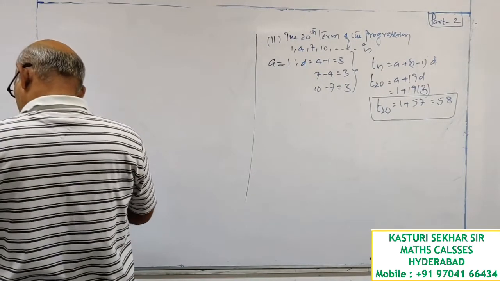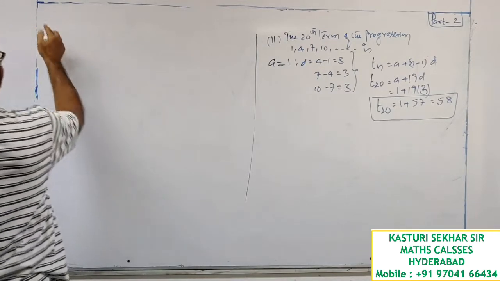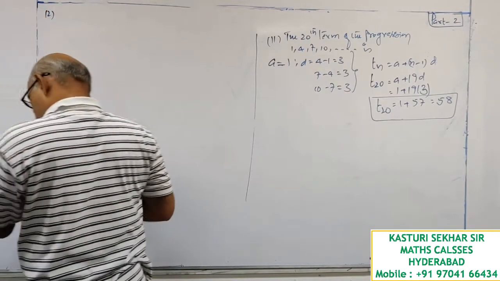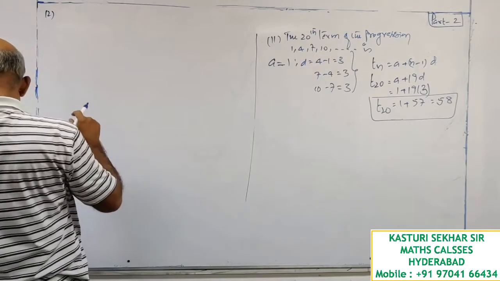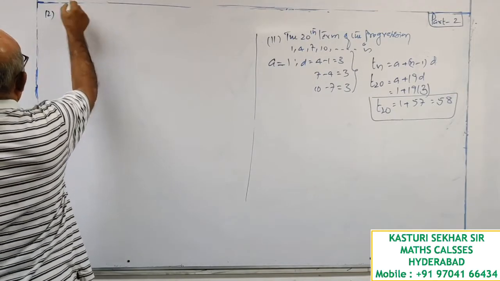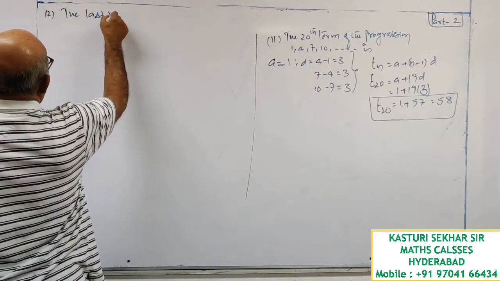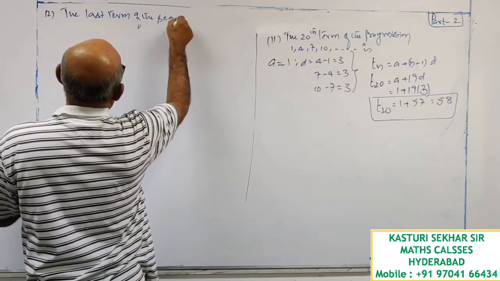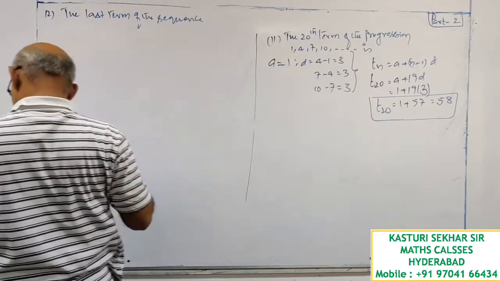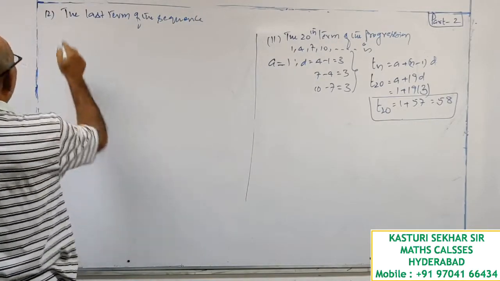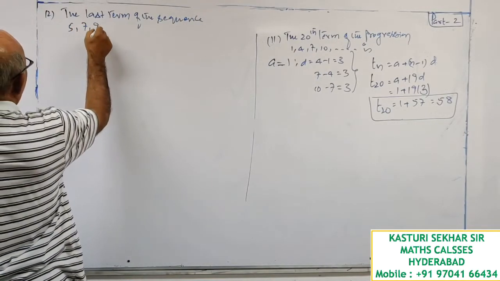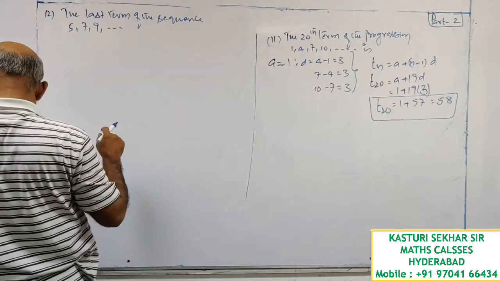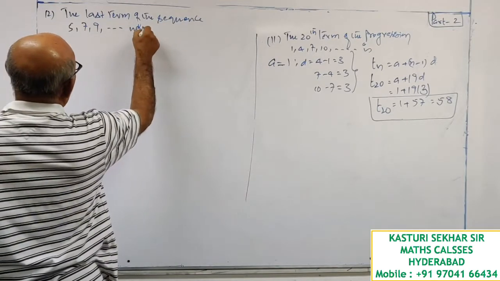Now look at the 12th question. The last term of the sequence 5, 7, 9, etc. up to 21 terms.